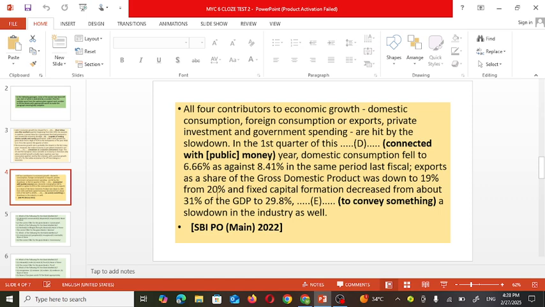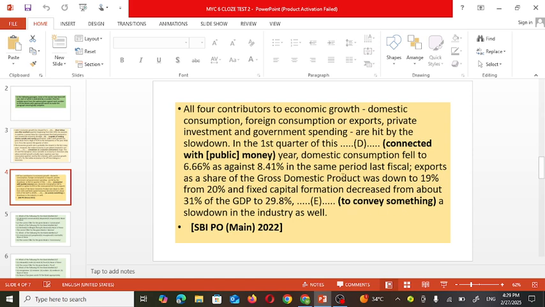Means previously it was 20% and now it is reduced to 19%. We are talking about GDP. In the same way, domestic consumption also reduced from 8.41% to 6.66%. And the fixed capital formation decreased from about 31% of the GDP to 29.8%. Dash a slowdown in industry as well.